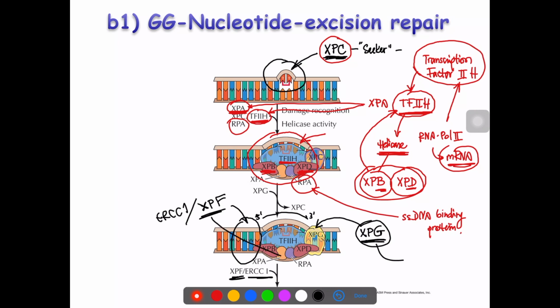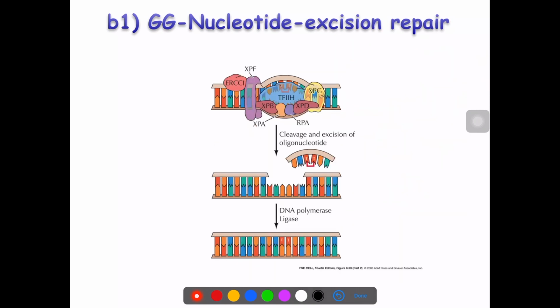Again, they are both endonucleases. And their job will be then to cut the DNA in those two regions. So the endonucleases, now XPG and XPF, will cut your DNA, therefore releasing the region that contains the DNA damage.